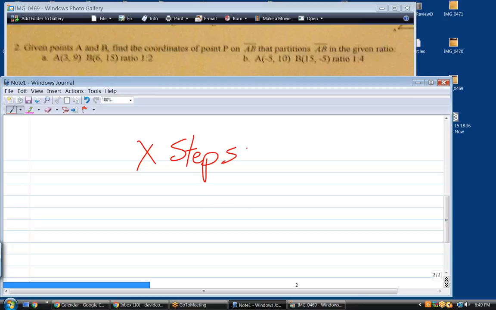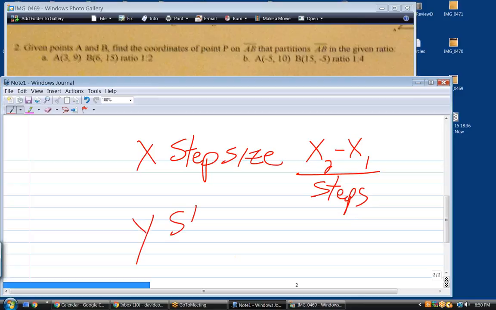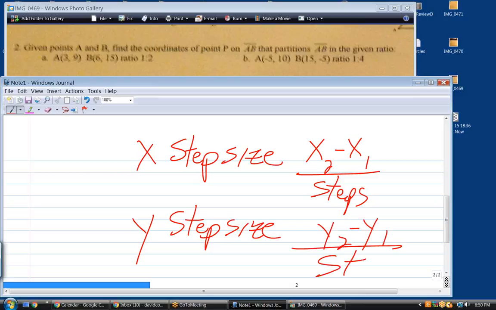The x step size is x sub 2 minus x sub 1 divided by the number of steps. In this case, there were 5. The y step size is y sub 2 minus y sub 1 divided by the number of steps. Again, 5.